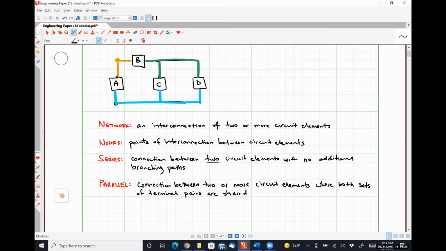That's one of the things that, from my experience of teaching the engineering 120 series, a lot of students think that all of the elements need to be connected in series or parallel, and that's simply not true. They can be connected in a way that is neither series nor parallel, and there's nothing remotely wrong with that, okay?